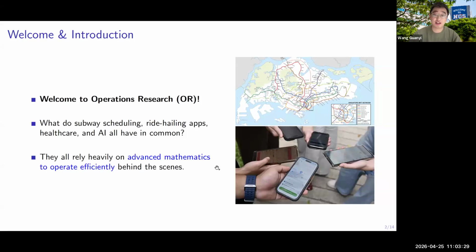The second is a screenshot of one ride-hailing app commonly used in Singapore, but you could also think of what you use on your cell phone, like Uber, Lyft, Didi, etc.